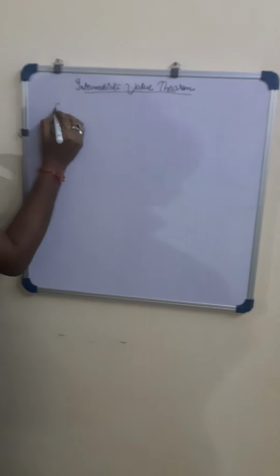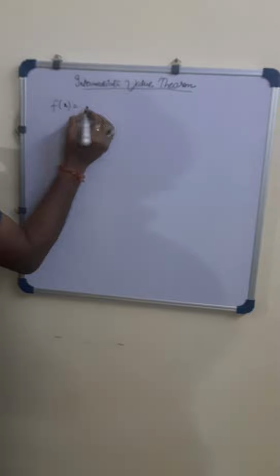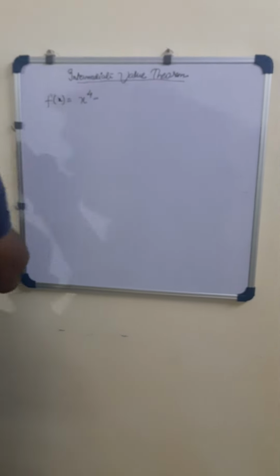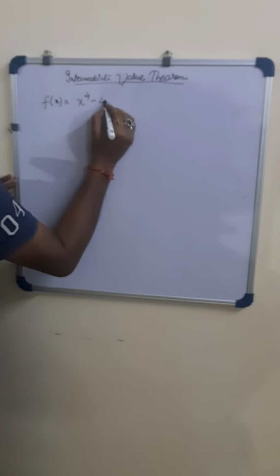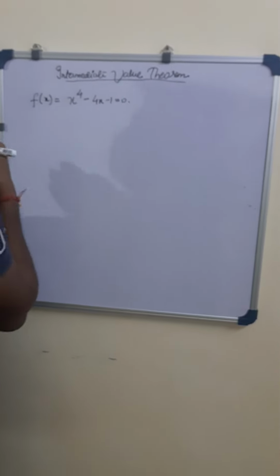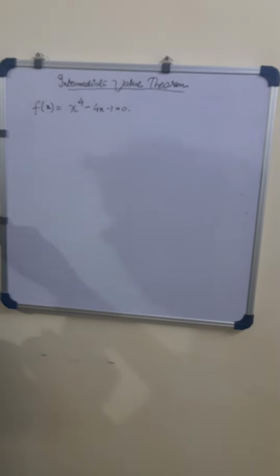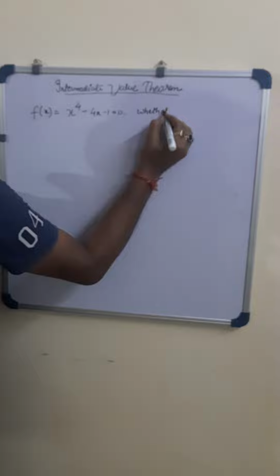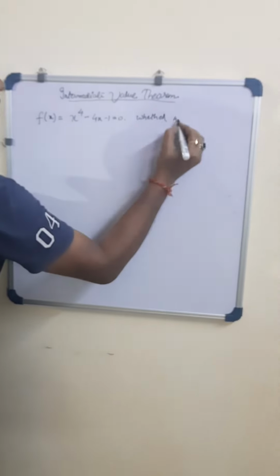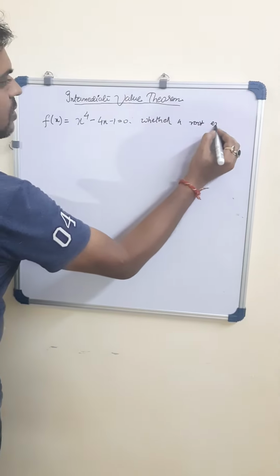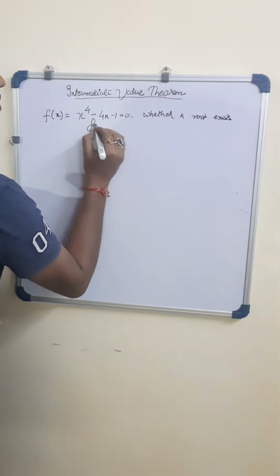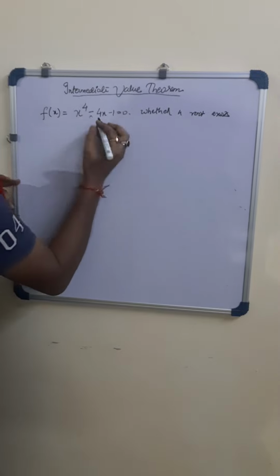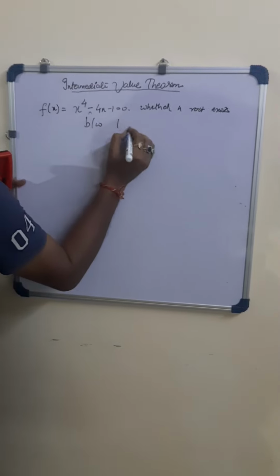So again, if we have an equation f(x) equal to x raised to power 4 minus 4x minus 1 equal to 0, we have to determine whether a root exists between 1 and 2.